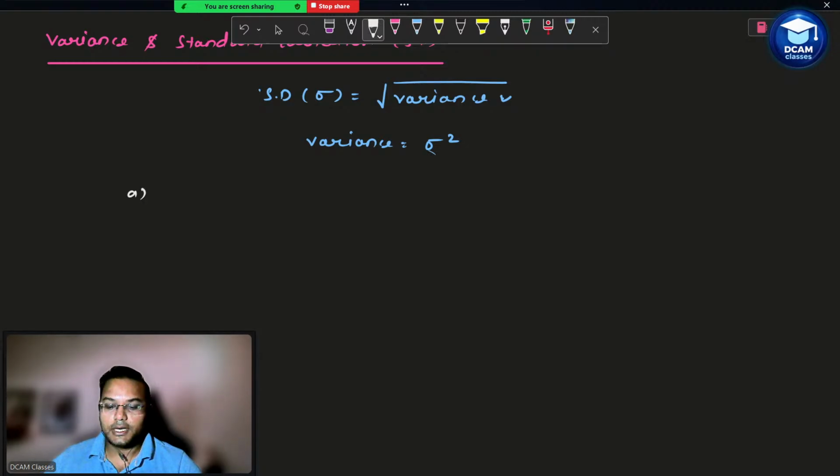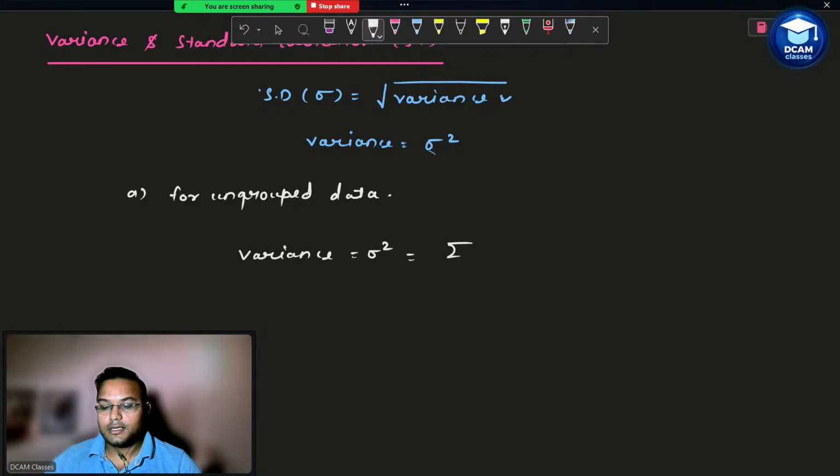For ungrouped data, the formula of variance, which is sigma square, is equal to sigma of xi minus x bar whole square, whole divided by n, moving from i equal to 1 to n.